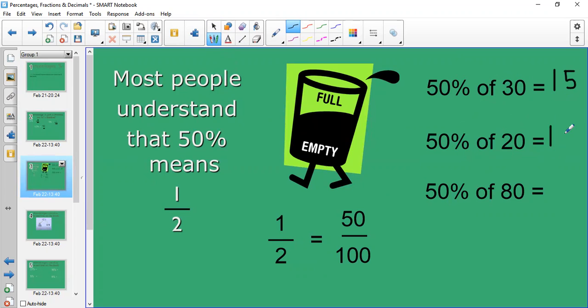The answer would be 10. Half of 20 is 10, because 10 add 10 is 20. 50% of 80, what is a half of 80? Well, I know the answer is 40, because 40 add 40 is 80, and 80 divided by 2 is 40. So that's how you find 50% of a number.